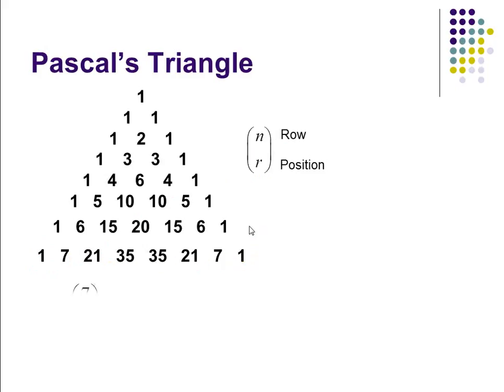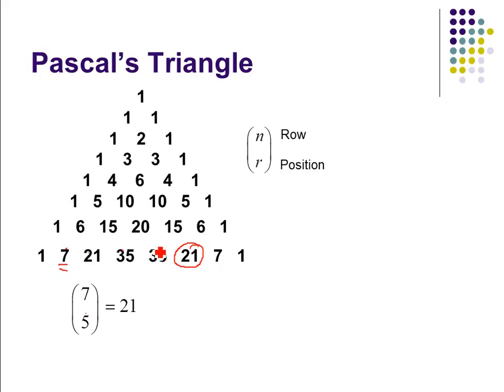So if I look at 7 choose 5, that's how you read that. I go to the 7th row, that's the one right here. That's a 7. And I want to get the 5th element. We'll start counting where you see the 7. That's where you want to count 1, because this one's actually 0. So that's 1, 2, 3, 4, 5. This equals 21.